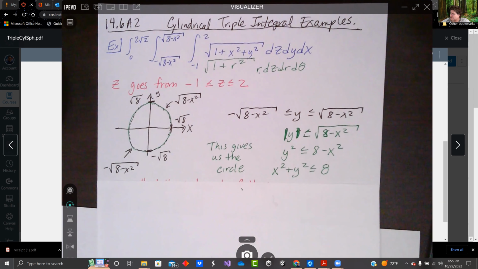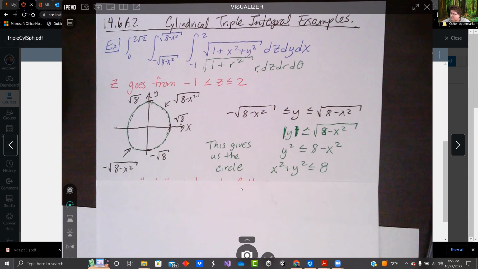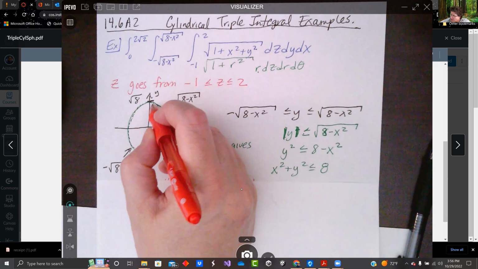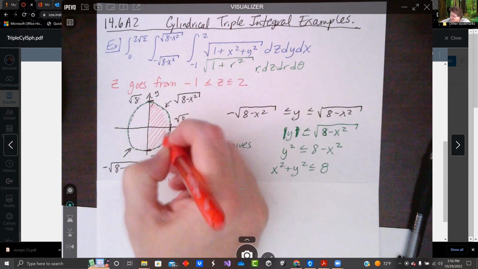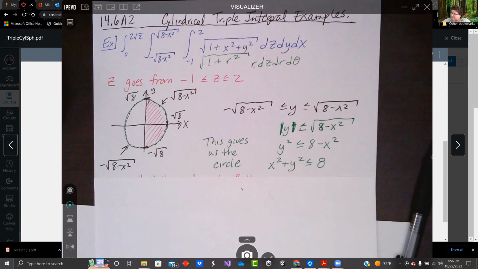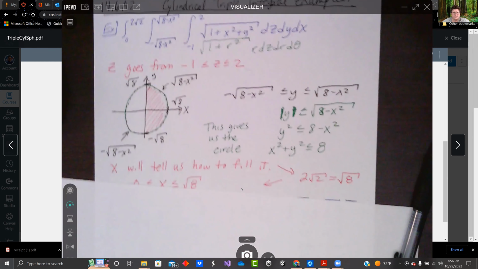So I drew a picture of a radius with square root of 8, centered at the origin. And then my x component says go from 0 to 2 root 2. 2 root 2 is square root of 8. So it looks like we're just doing this right half right here. X is positive. So that tells me how we're doing it.